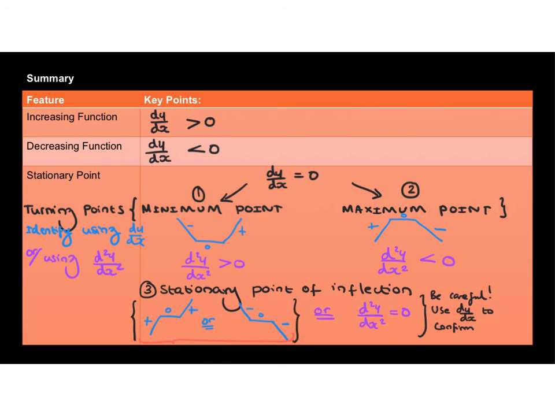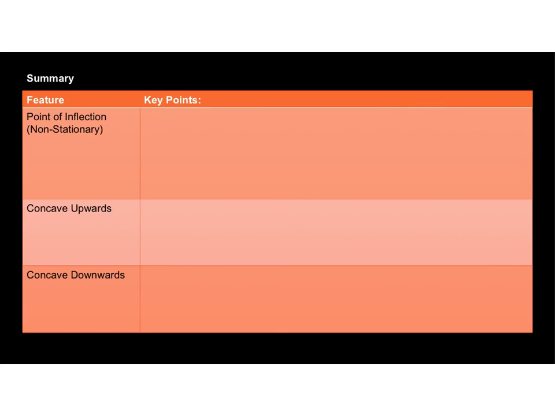derivative to verify this. Now, if we're looking for a point of inflection in general, d2y by dx squared equals 0, but if it's a non-stationary point of inflection, dy by dx cannot be equal to 0. Also, at a true point of inflection, d2y by dx squared will change signs either side of the point.